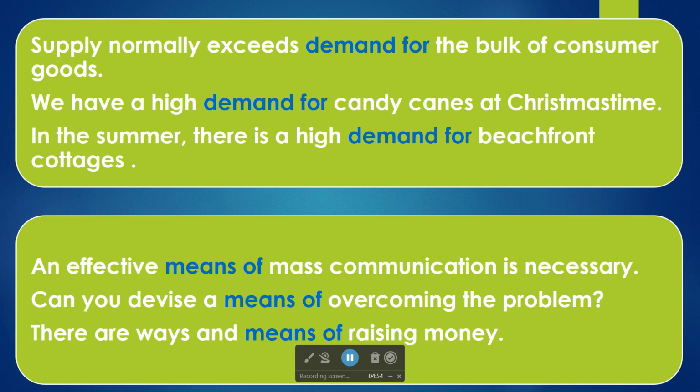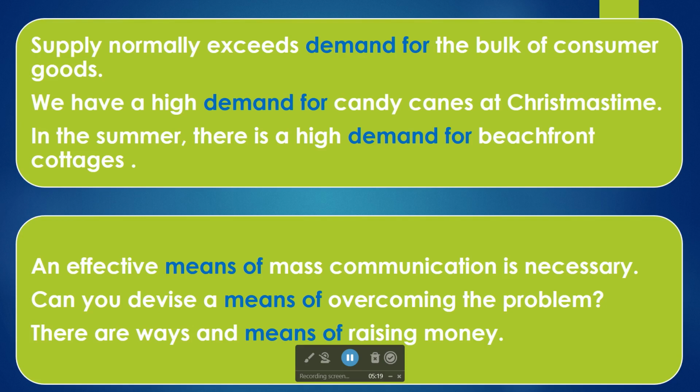So if you think about the presidential election this year, I'm sure that those committees will try to use mass communication. So they are trying to use effective means of mass communication to promote each candidate. Okay, so an effective means of mass communication is necessary for the election to be a good sentence.